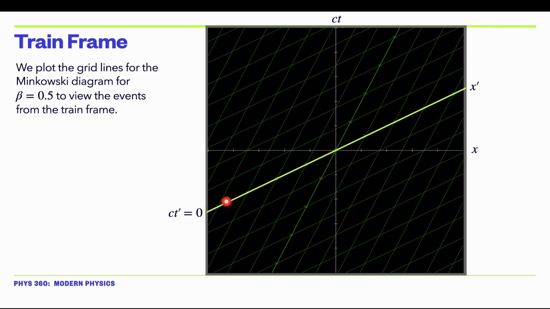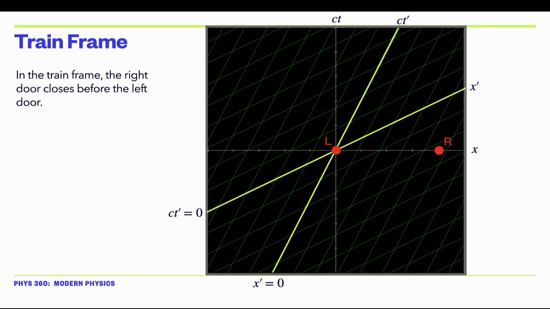So this line cutting across like that is the x prime axis. By definition, that's when CT prime is 0. This axis is the CT prime axis when x prime is 0. And I'm going to draw where our space-time events are, the closure of the left door and the closure of the right door in our tunnel frame, right here and here.